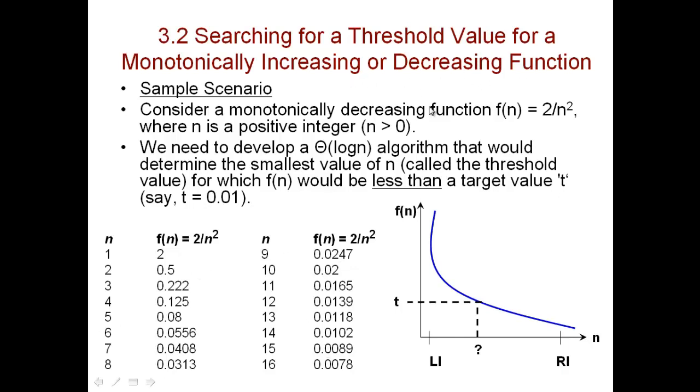If f(n) increases as n increases, that's monotonically increasing. The name itself tells it. If I say the function is monotonically decreasing, that means its value will either remain the same or decrease.